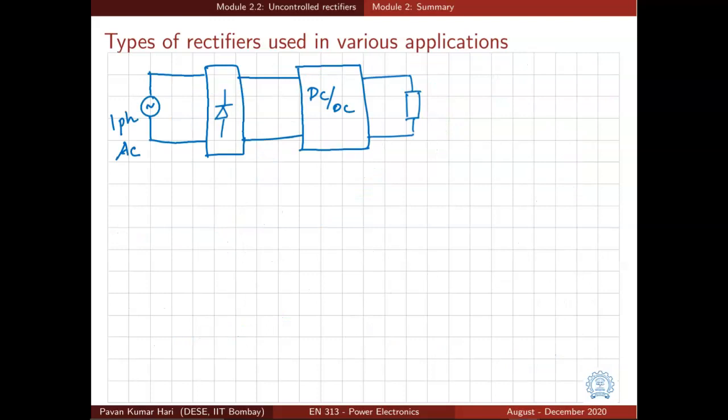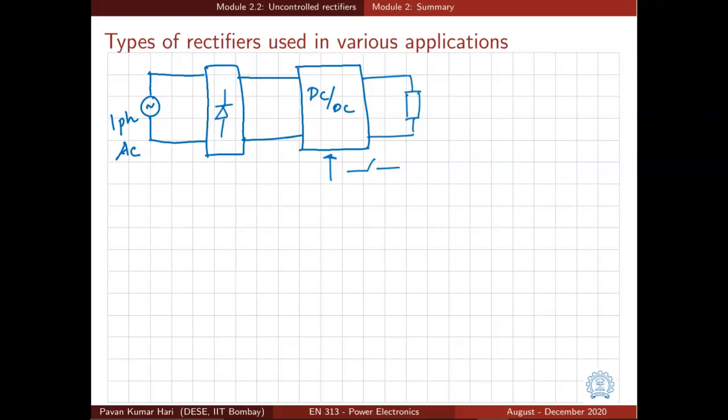To achieve more sinusoidal current in certain applications, for example UPS, uninterruptible power supply applications, another DC to DC converter is added after a diode bridge rectifier. So the input is single phase AC, we have a diode bridge, and after the diode bridge there is a DC-DC converter. DC-DC converters are typically made of fully controlled switches.